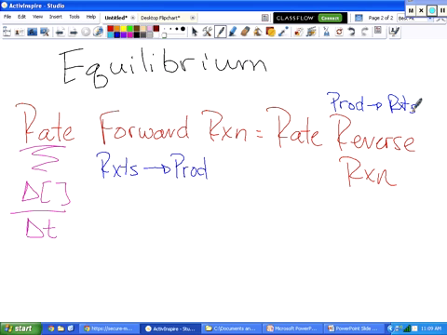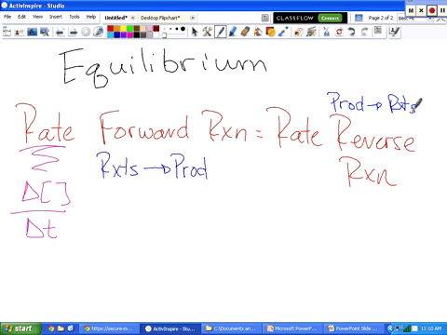Are our rates equal? Yes. So would we be at equilibrium? Yes. But would our concentrations ever change? No, because it would be equal exchanges. But what if he came and got 1 and I went and got 2? Are we at equilibrium? No. Would our concentrations eventually change?